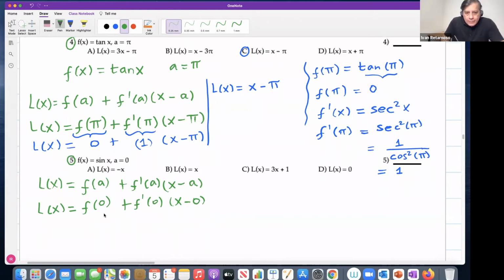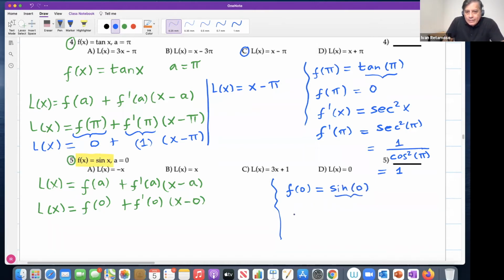We need f of 0, we need f prime of 0. We are going to get them here on the side. f of 0 first. What is that? The function I'm dealing with now is sine of x. So this guy should be sine of 0. But what is sine of 0?